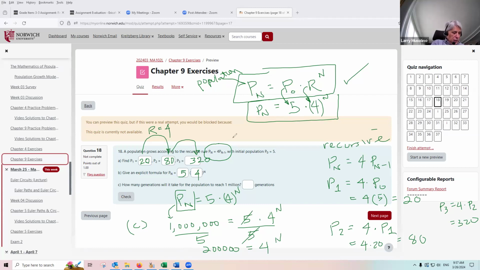I'm going to try 4 to the exponent 8. That is too small. So 4 to the exponent 9 does it. It gets me above 200,000. So I'm going to use n equal 9.